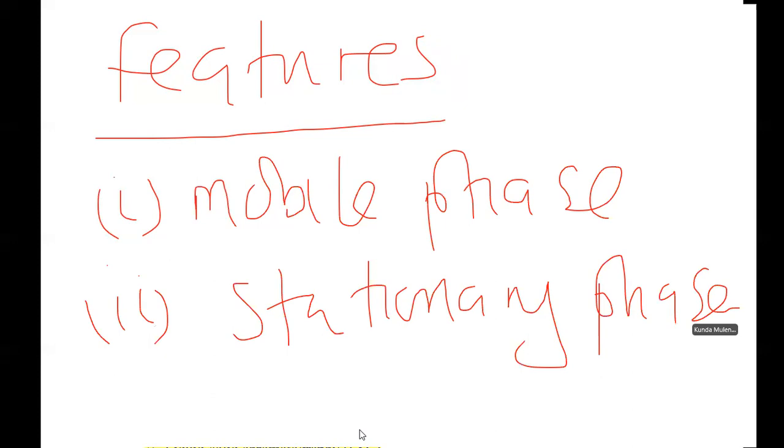These two phases are very, very important because, one, they help us to determine the type of samples that we can work on. Two, they also help us to categorize chromatography into categories.